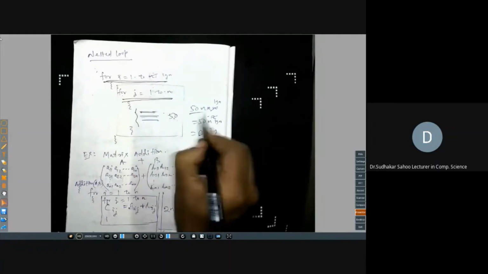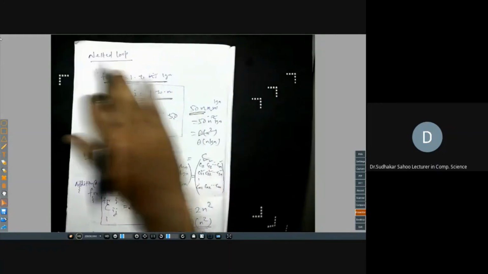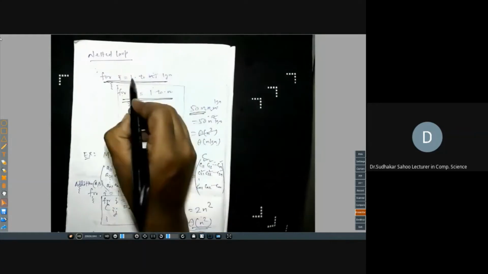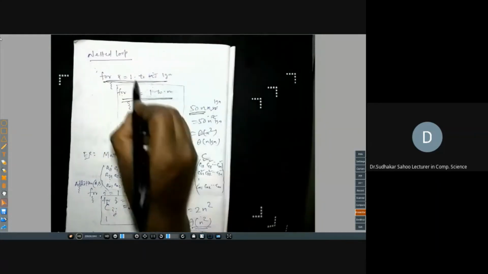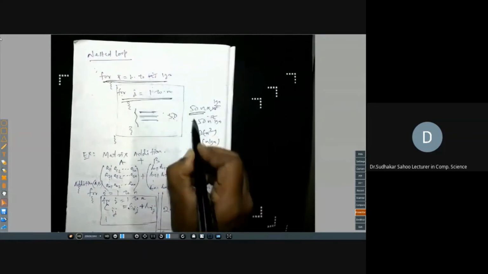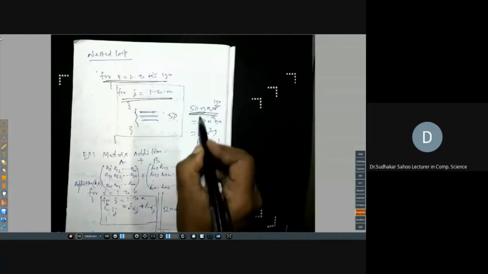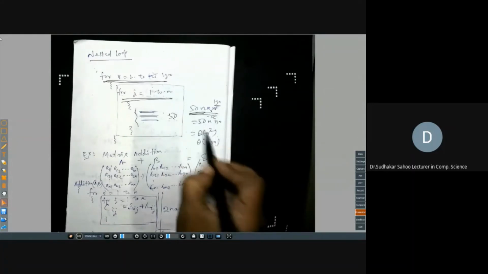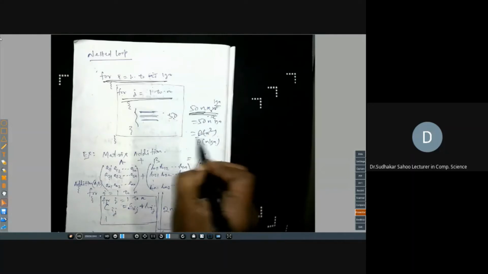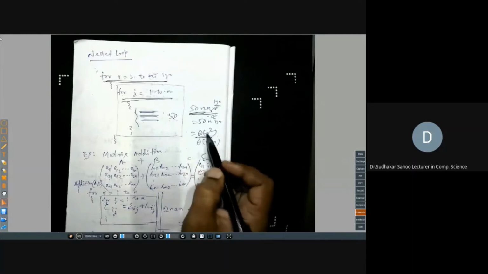Suppose the operation count is 50, so 50n is the body into iterations. If the outer loop is again 1 to n, you multiply by n. If it is 1 to log n, you multiply by log n. So your time complexity is either 50n square or 50n log n. Then you express it in terms of notations.